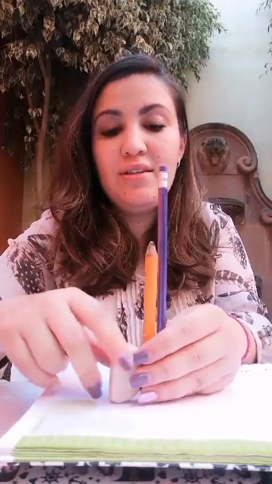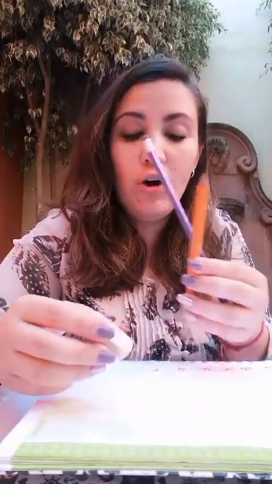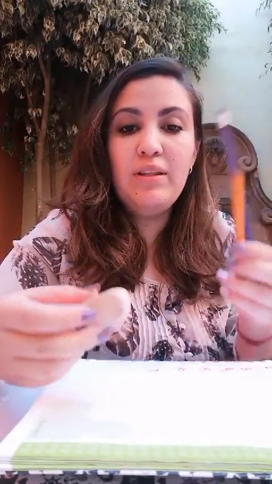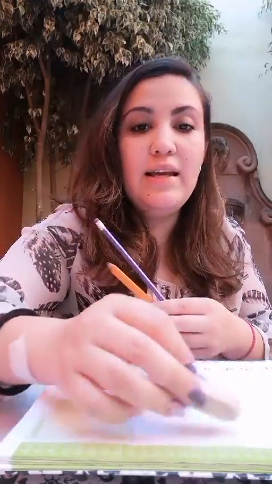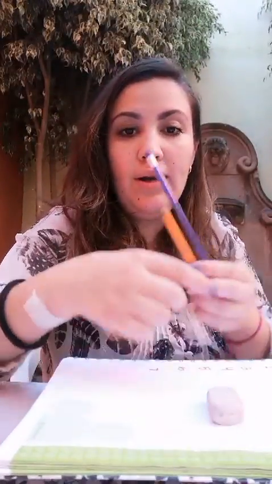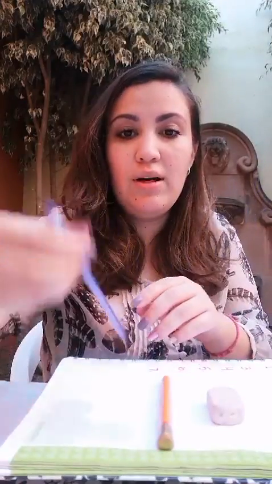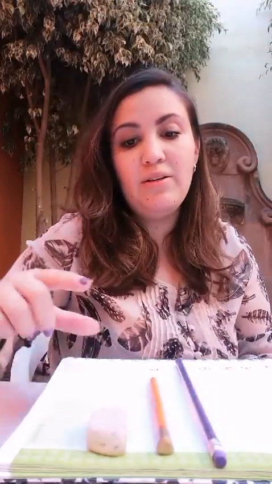Longest and shortest. Which is the correct order? Well, if I put them in order from the shortest to the longest, the eraser will be number 1, this will be number 2, and this will be number 3. And if I go from the longest to the shortest, I will go from the purple pencil first, then the second pencil, and then at the end, the eraser, because it's shortest.